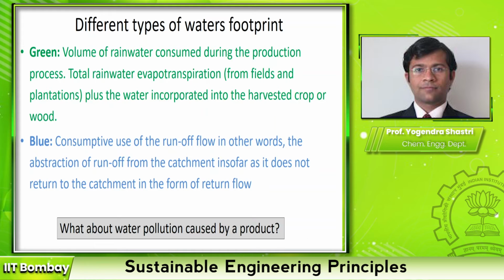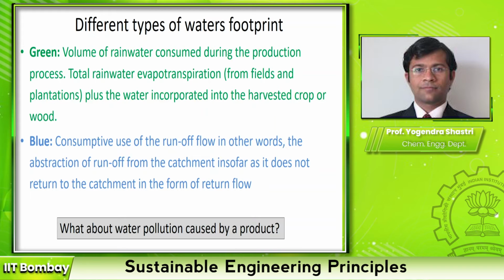When the method for water footprint was initially proposed, the method only included the calculation of green and blue water footprint. But subsequently it was realized that several products also lead to water pollution. And the idea came as to, can we actually include the water pollution aspect also in water footprint? And that's how the concept of grey water footprint was introduced to the water footprint assessment method.